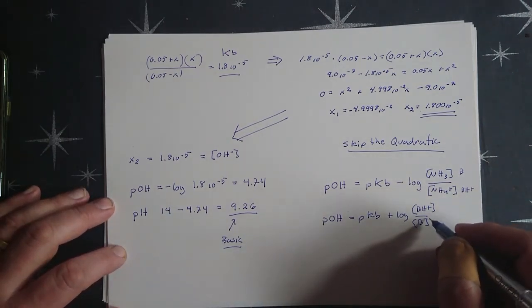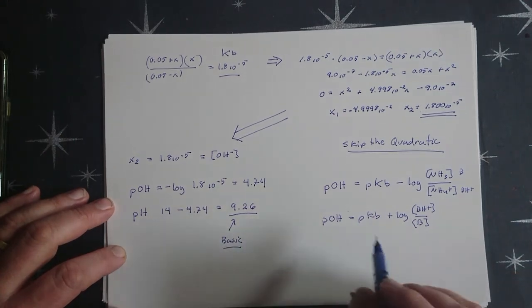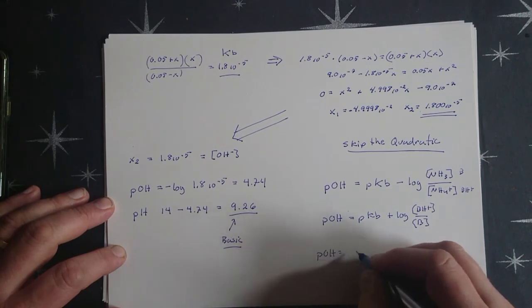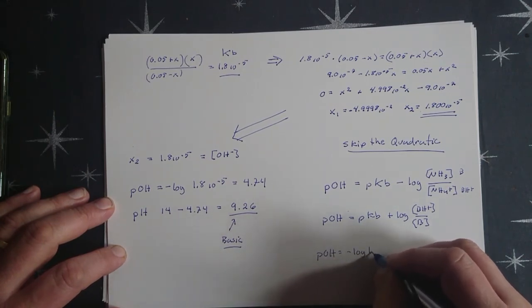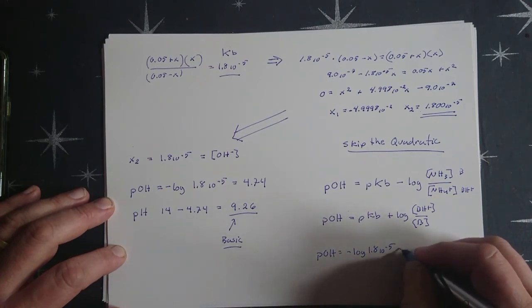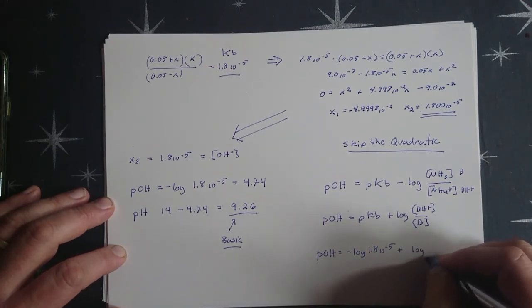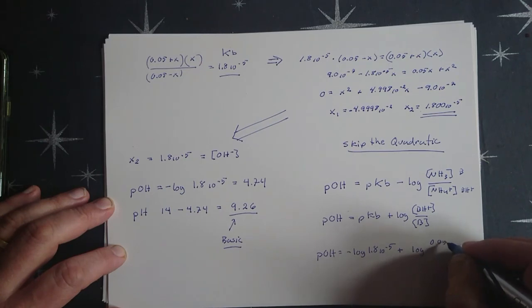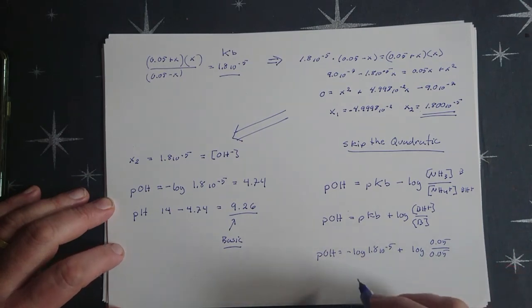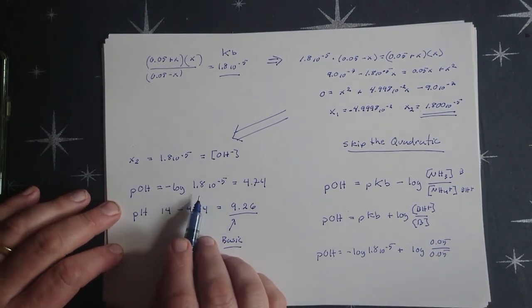It doesn't matter in this case because when we look at our values up here, we see that the pOH is going to be equal to the minus log of 1.8 times 10 to the minus 5 plus the log of 0.05 over 0.05, which is the log of 1. And the log of 1 is 0. So this becomes exactly the same problem.